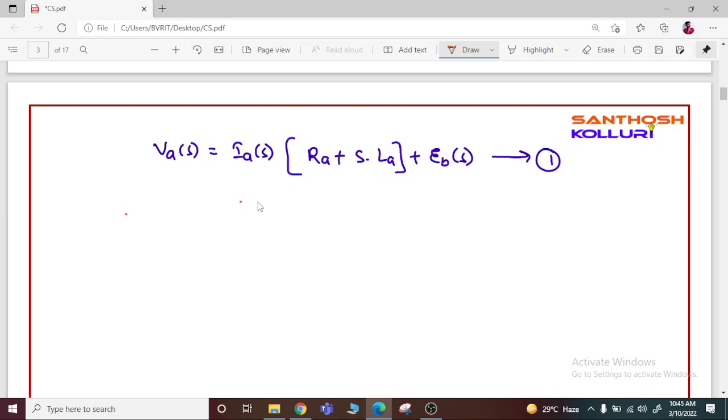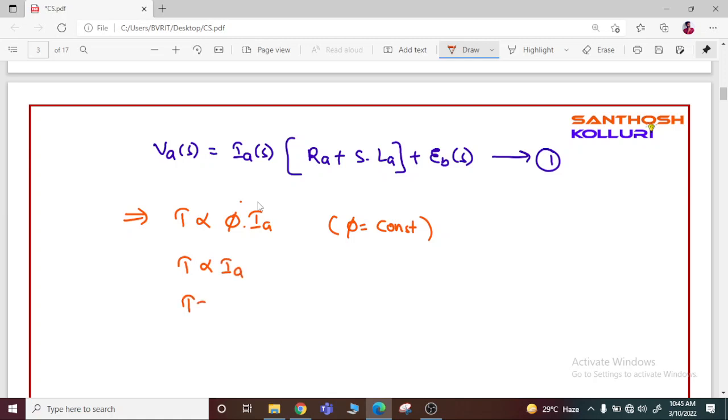Another equation in the motor is torque directly proportional to phi into IA. So the torque of a motor is directly proportional to phi into IA. Here it is armature control, hence the field is constant, the flux is kept constant. Therefore torque is directly proportional to IA.